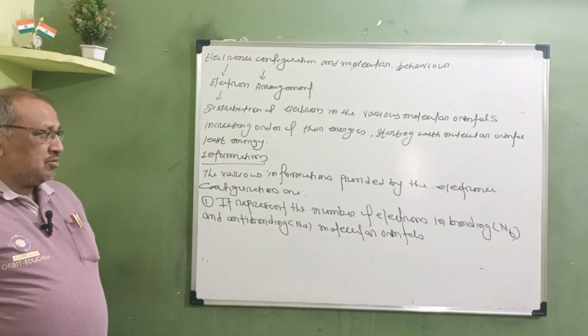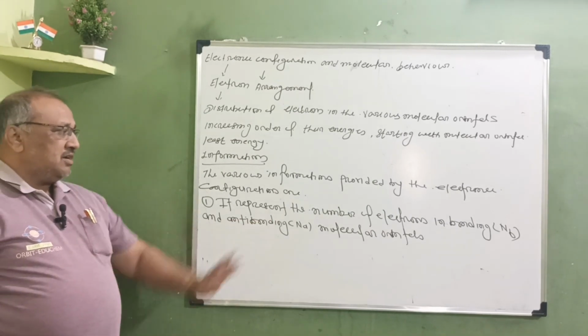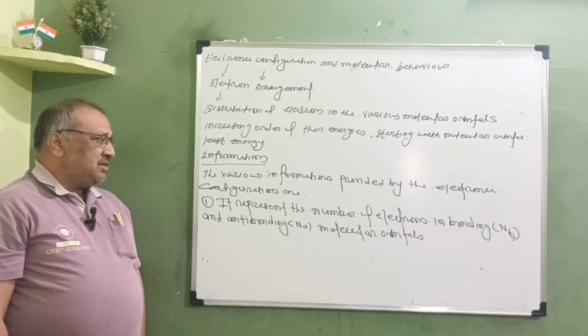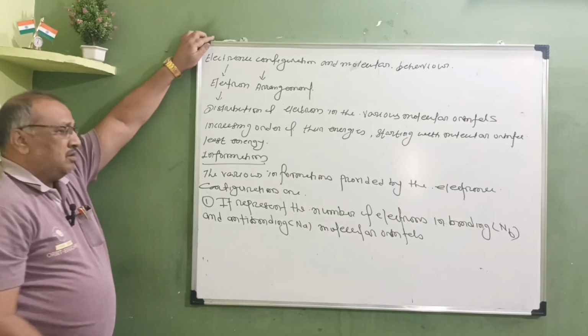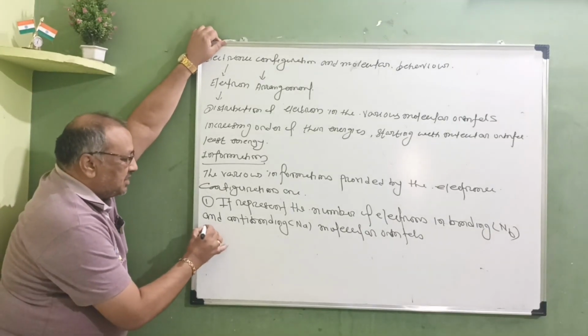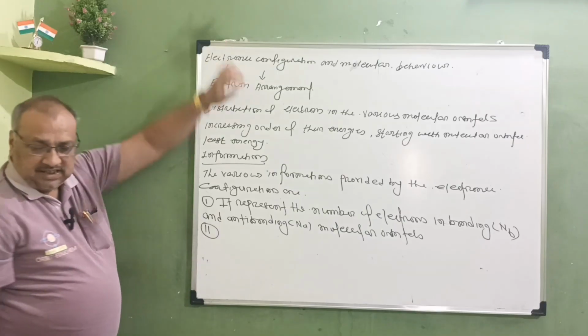Number of electrons in bonding molecular orbitals are represented by Nb, and number of electrons in anti-bonding molecular orbitals are represented by Na.